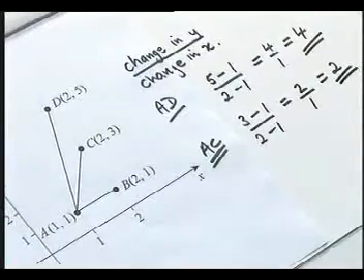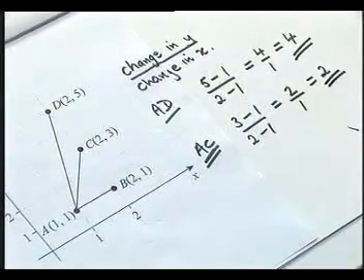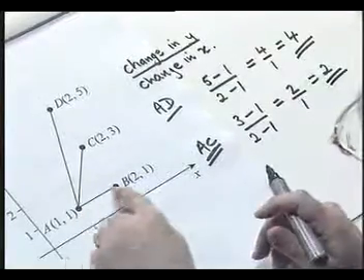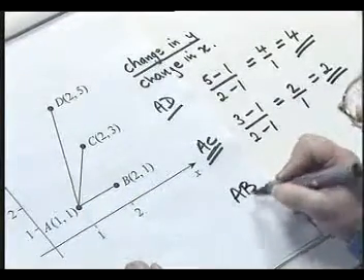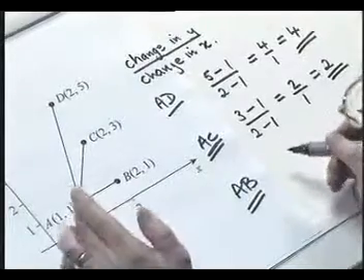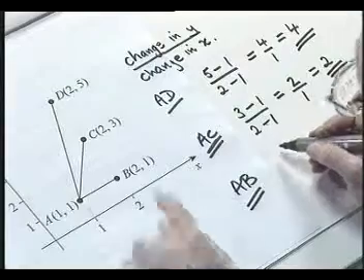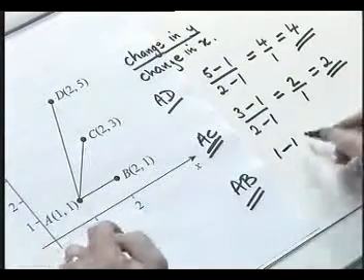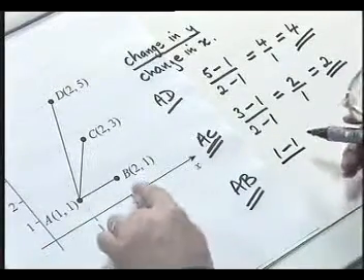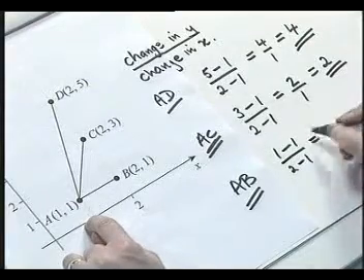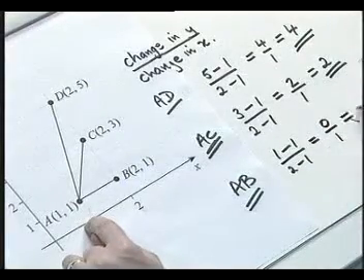So this is a measure of the relative change in x and y. What about AB? Well, as we move from A to B, y doesn't change at all. So the change in y is 1 minus 1, which is, of course, 0, and the change in x is still 2 minus 1. So we get 0 over 1, which is 0.